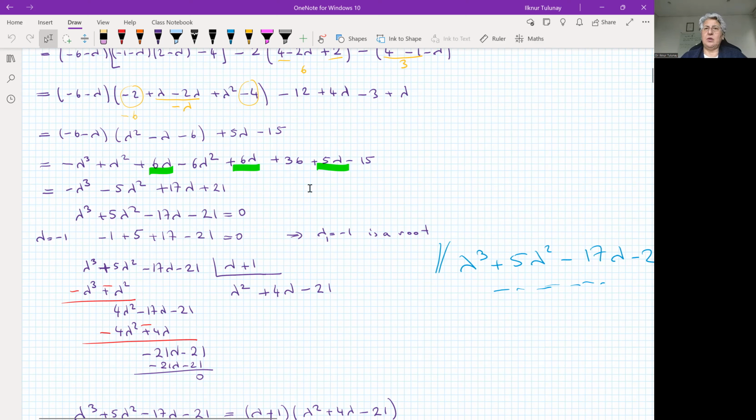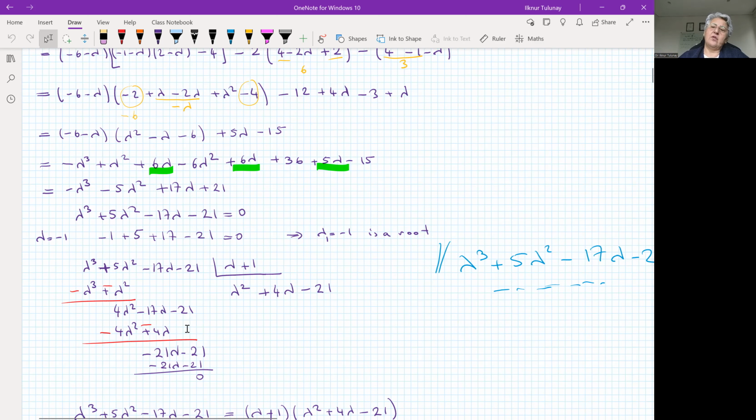For a cubic polynomial, we don't have a general formula to solve it. In order to be able to solve, we usually try some simple roots to satisfy the equation. For example, 1, -1, 2, -2, they are the ones that we try.